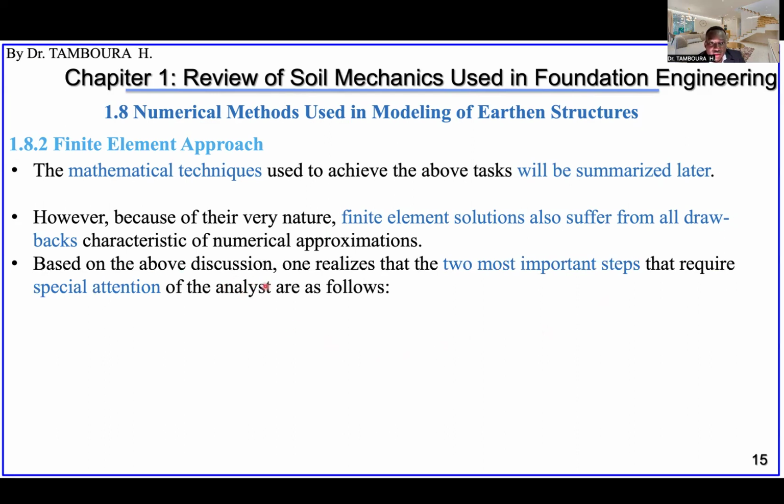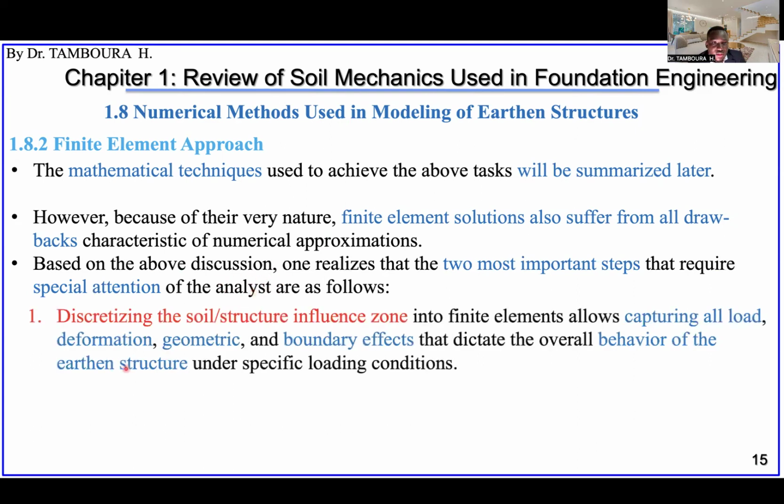Number 1 is discretizing the soil and structure influence zone. You have to divide it into small elements.